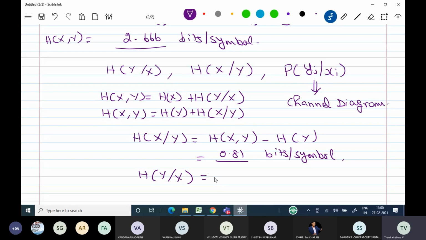For the GATE question, within 25 to 50 seconds you have to complete these things. In the GATE exam, definitely 2 questions will be coming from information theory. H of X comma Y minus H of X. What is the answer? 0.6 bits per symbol, sir. 0.6.